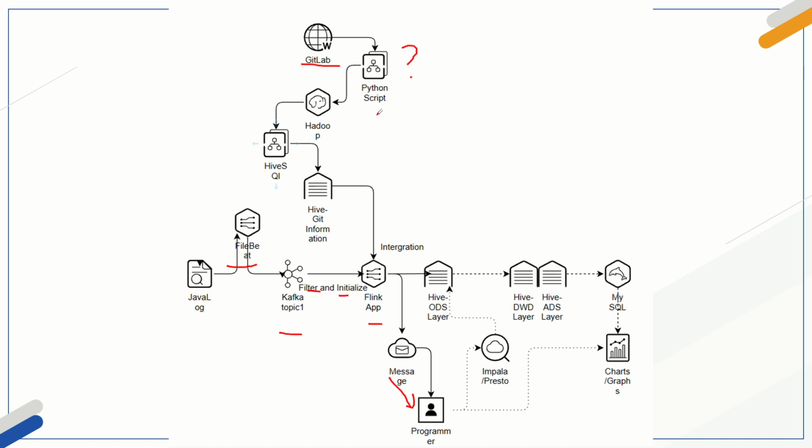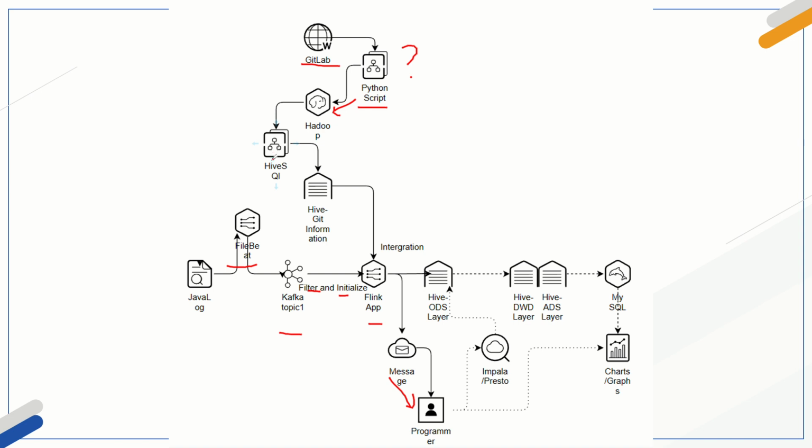So I wrote a Python script to capture the Git submission information from GitLab every hour, and I write it into a file, then upload this file to the HDFS of the Hadoop cluster.